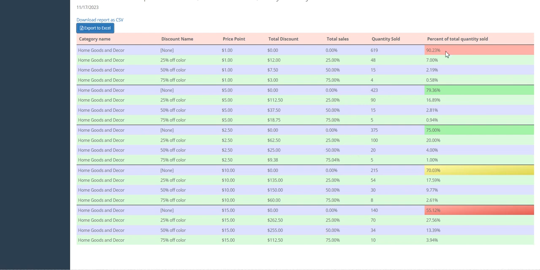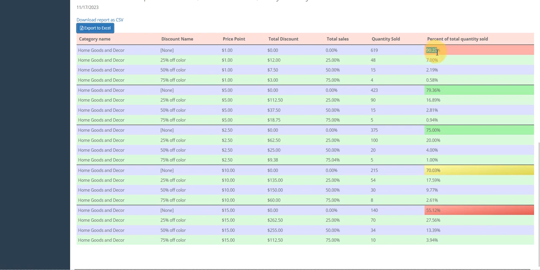Looking at the rightmost column, you can see the percentage of product that sold at full price or each discount level within each price point. Now note that this percentage is based on the quantities sold and does not take into account any items that were ragged out and removed from the store because they did not sell during the color rotation.